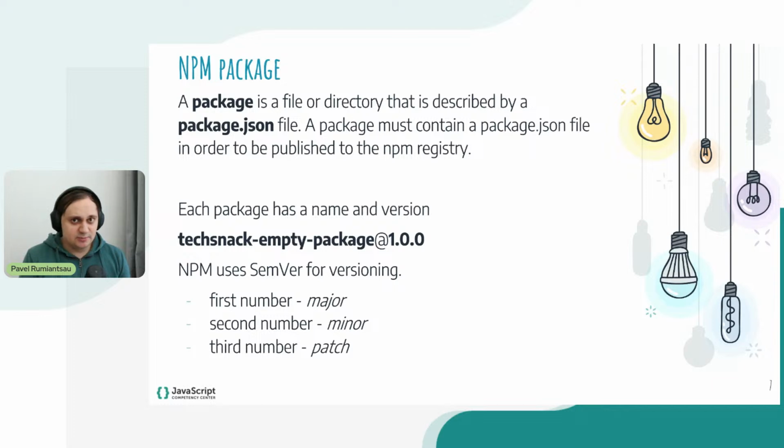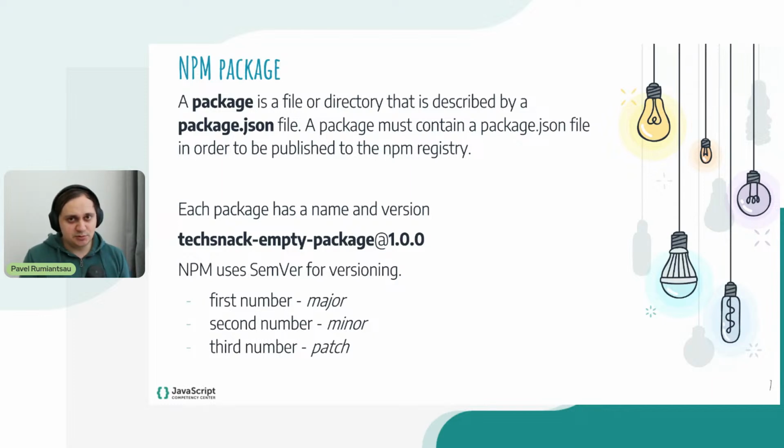The second important thing is that, as we already mentioned, we're always working with different versions. So usually when you want to find some book, you most probably want to find some specific version of the book. You probably want to find the latest version of the book. And NPM works with versions using a thing called semver. The idea is that you have three different numbers. Each of them represents a specific version.